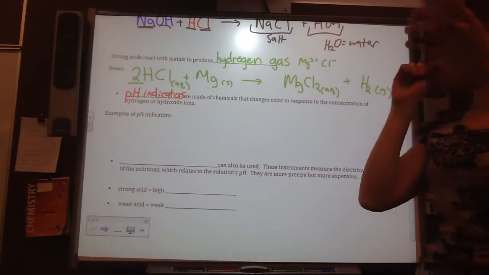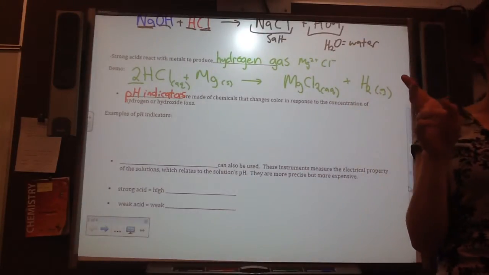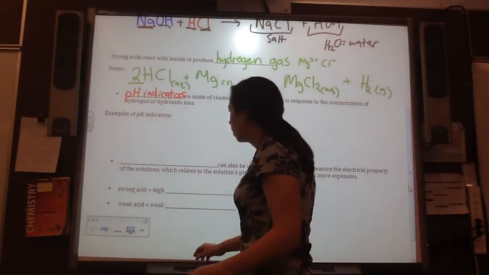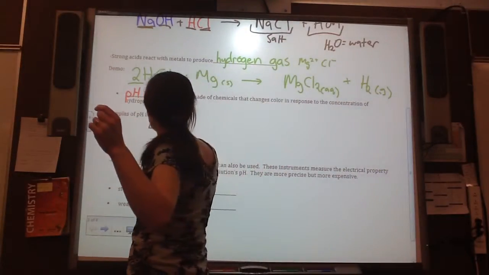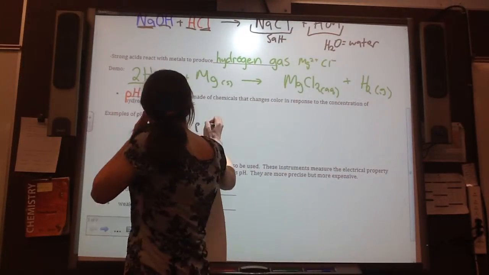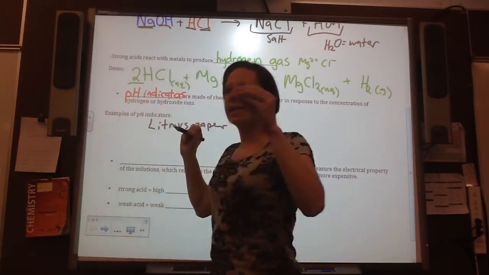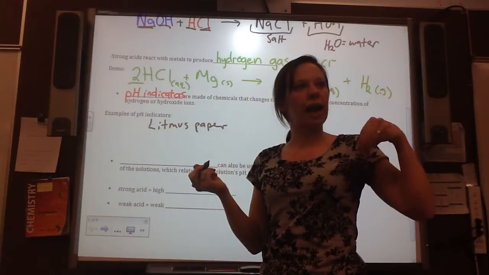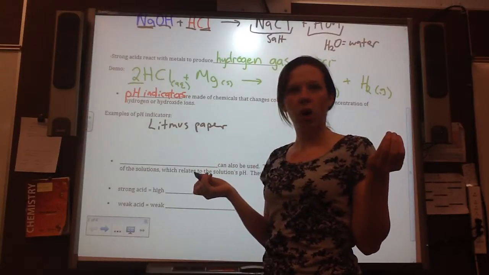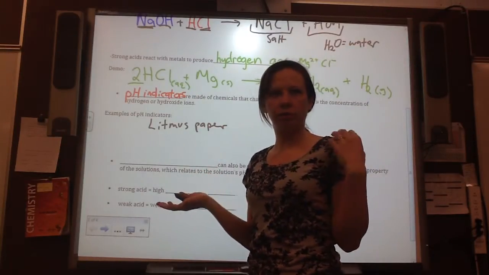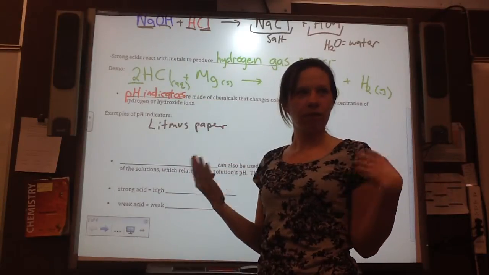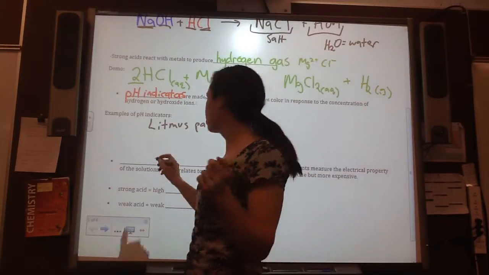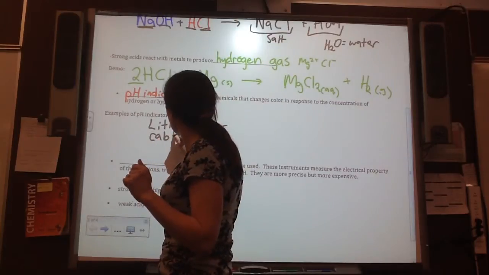What examples of pH indicators do you know? Yeah, litmus test, litmus paper. The litmus paper actually has a chemical on it that when you dip that paper in, it will do the reaction. What else have you ever used? Did you know that cabbage juice is a type of indicator?